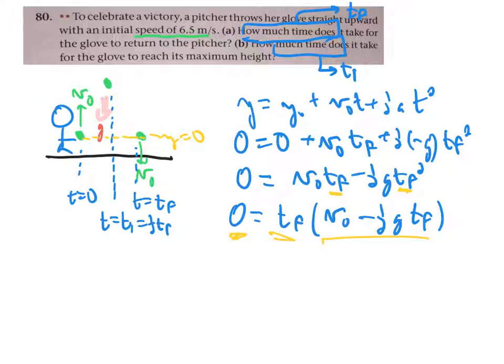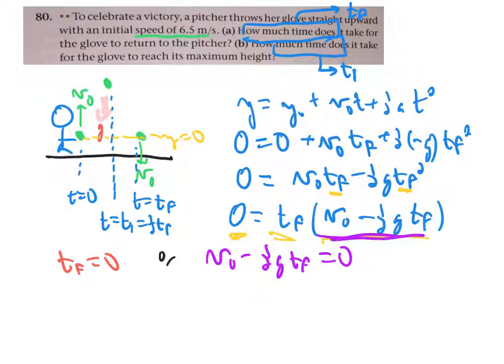So either tf is 0, or v0 minus 1/2 g tf is 0. One of the two terms must be 0.